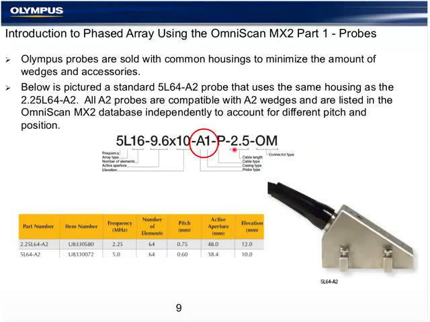Any A1 probe can handle the wedges from the A1 family. In this case, we're looking at a very common weld inspection probe from the A2 family that comes in 2 different frequencies with 2 different size elements, resulting in a different aperture. The smaller the pitch of the probe, the easier it is to beam steer beyond the normal nominal Snell's law refracted angle.